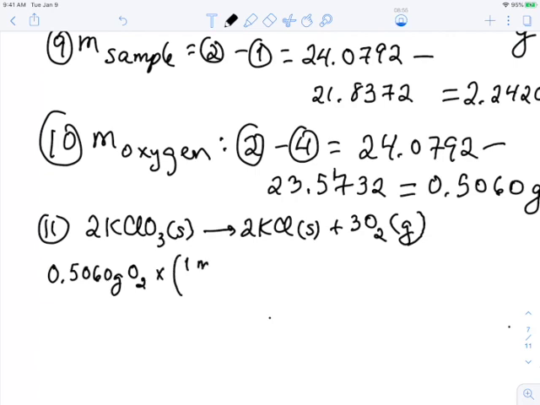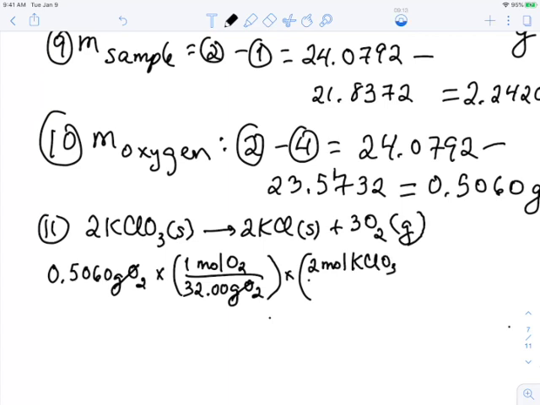So 1 mole of oxygen is, remember this is O2, so that's 32, not 16 grams of O2. According to the equation, 2 moles of KClO3 are decomposed to produce 3 moles of O2.